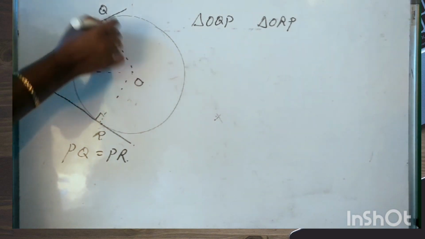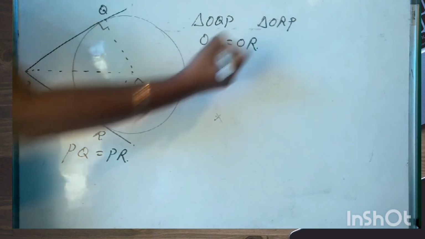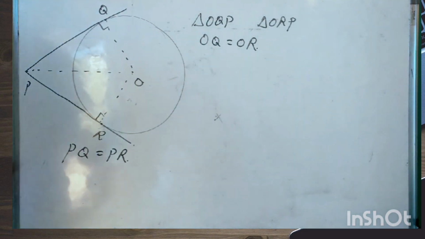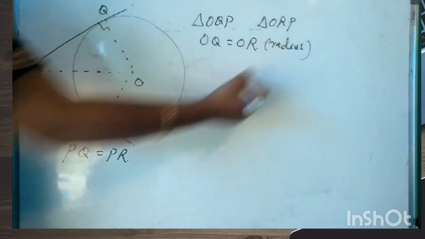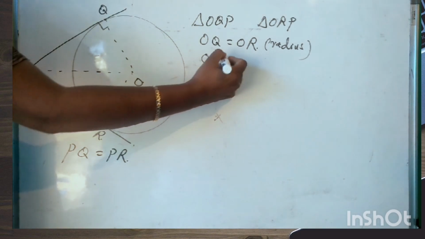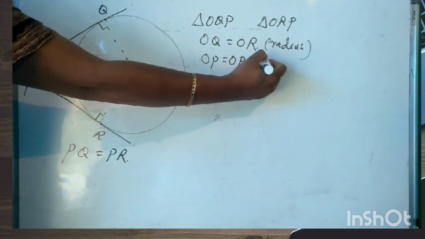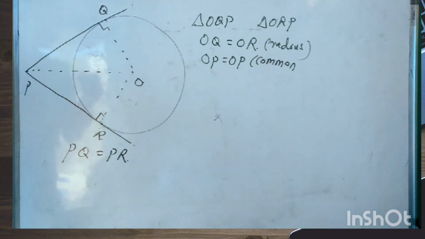In these triangles, OQ is equal to OR because they are radii of the same circle. And OP is equal to OP because that side is common to these two triangles.